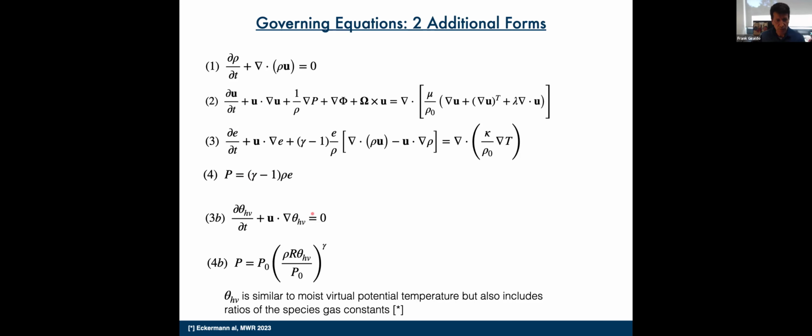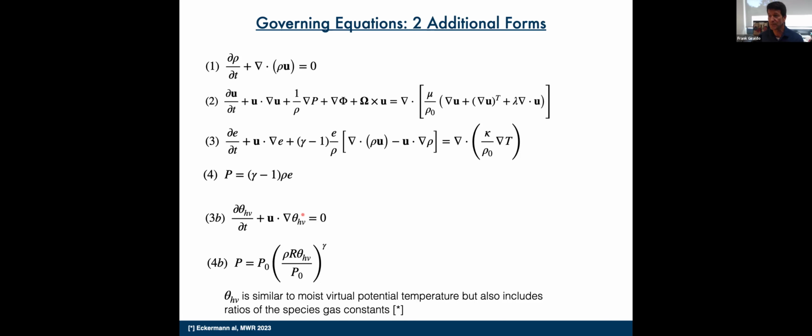But then there's another form that is known as the hybrid virtual potential temperature. So that's theta, and HV is for hybrid virtual. And the nice thing about that equation set is that the equations that are used in Neptune operationally actually use potential temperature as their variable, and in their case, it's moist virtual potential temperature.